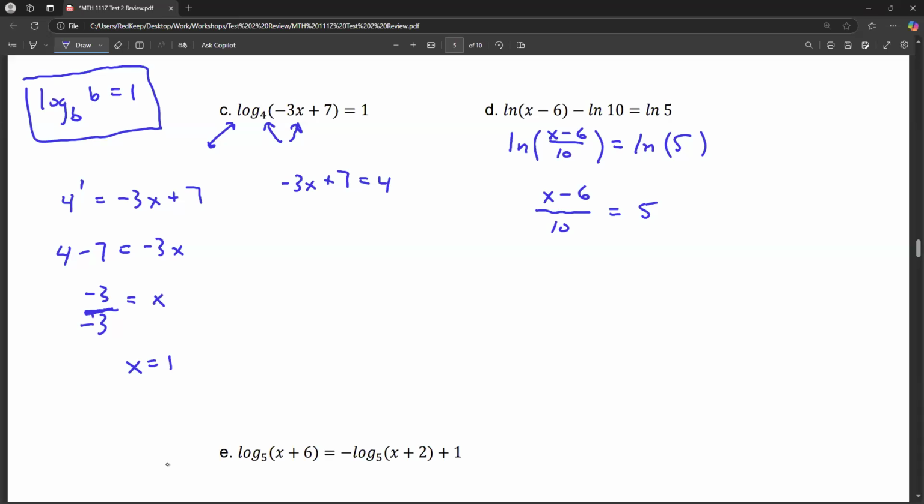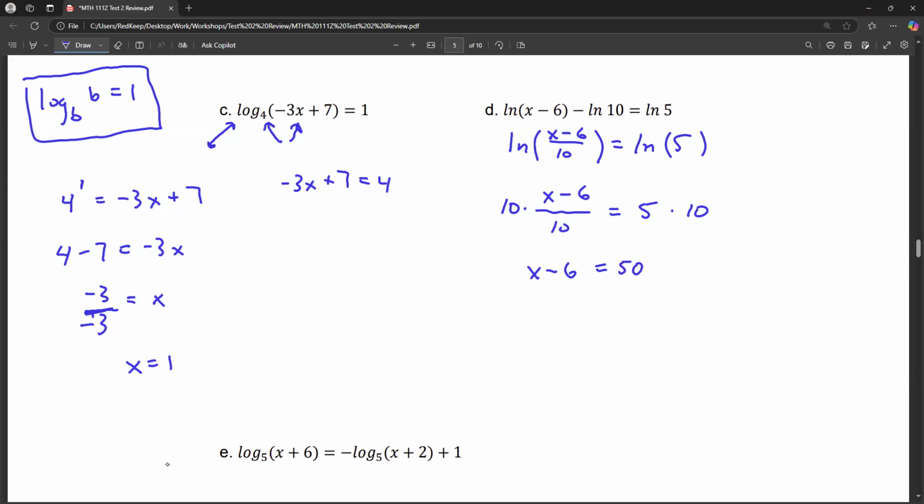In this scenario, x has 6 subtracted from it and is then divided by 10 on the left side. To undo those, I'm going to start by multiplying by 10 to undo the division. On the left-hand side, that's just equal to x minus 6, and the right side is just 50.